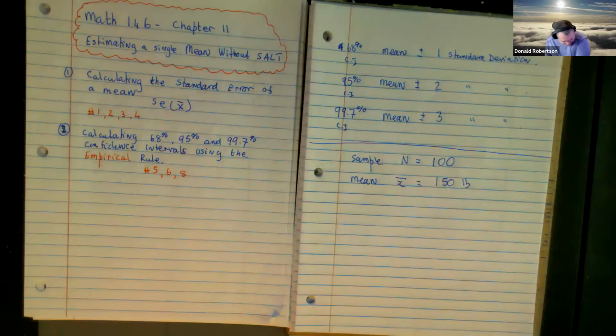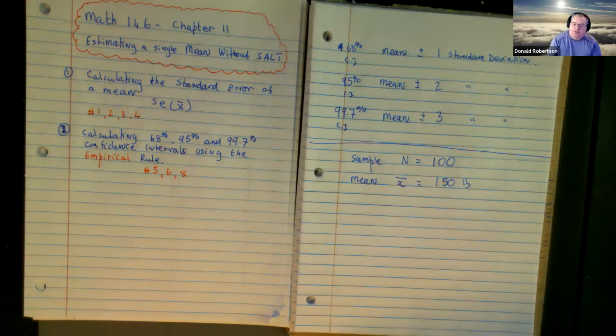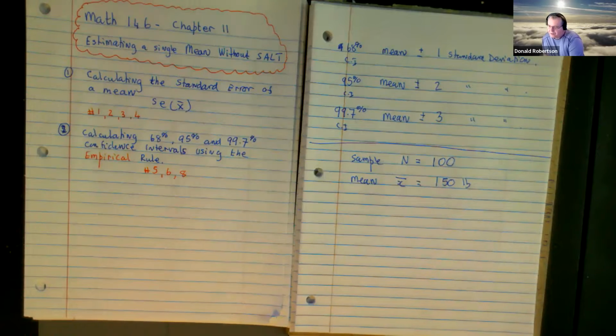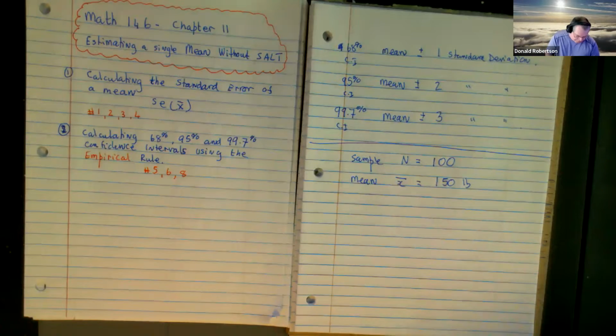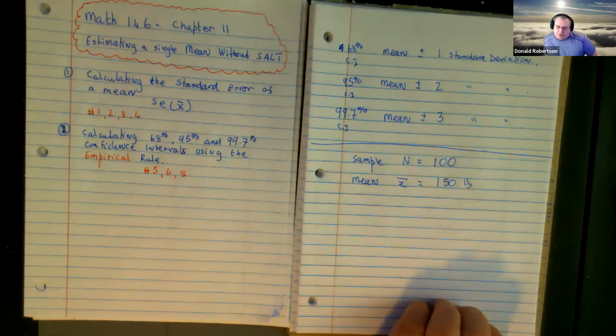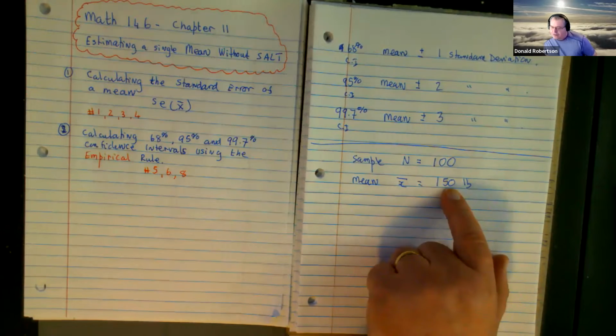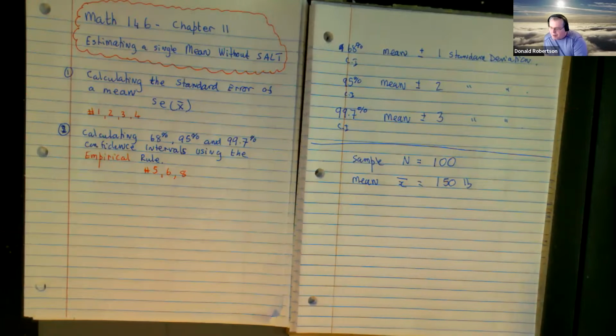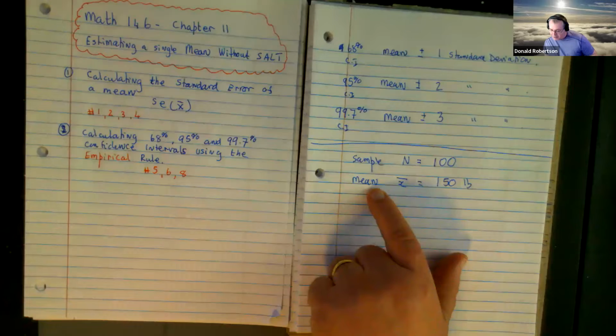So I randomly selected 100 adults and their mean weight was 150 pounds. Now, if I was trying to estimate the average weight of, let's say the population is Bremerton, then the average weight of an adult in Bremerton, I could just say it's 150 pounds. That would be my best guess based on my sample mean.